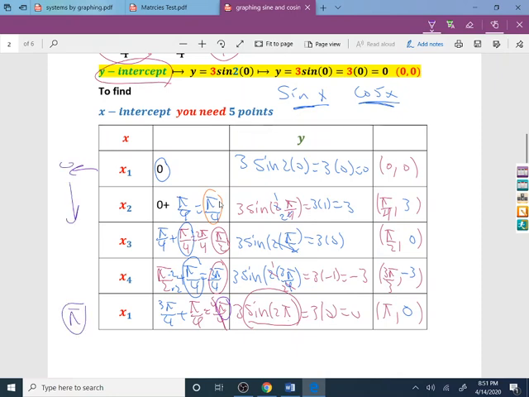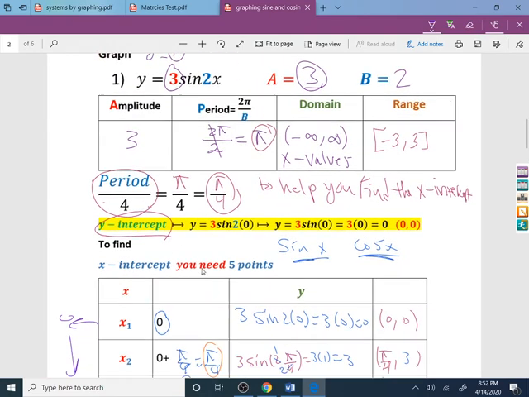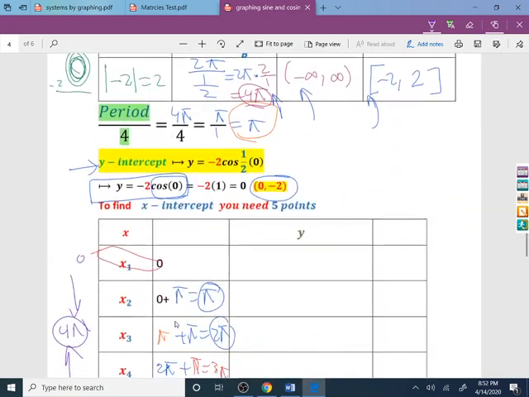The difference between 0 and pi is pi, which is my period, right? You see the period is pi here, and we got pi here.